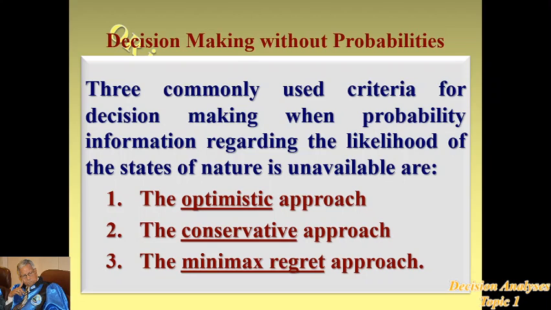These criteria are the criteria of the optimistic person, we can call it the optimistic approach; the criteria of the conservative person, we can call it the conservative approach; and the criteria of the opportunity approach, we can call it the minimax regret approach.